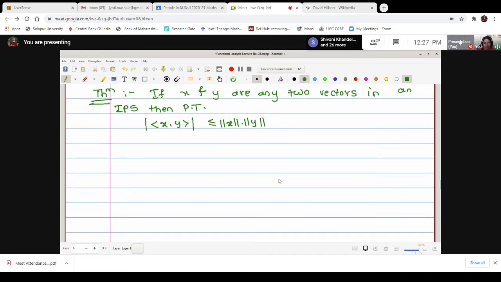This inequality we use in many aspects of the theorems of Hilbert spaces. We will just prove this.